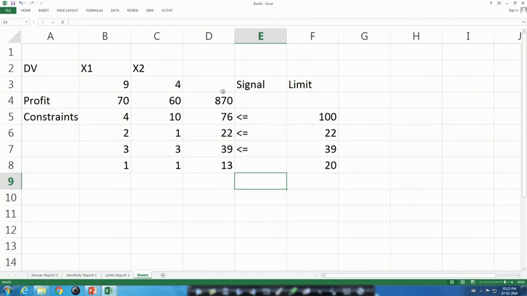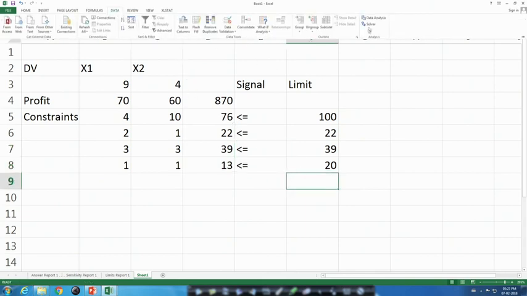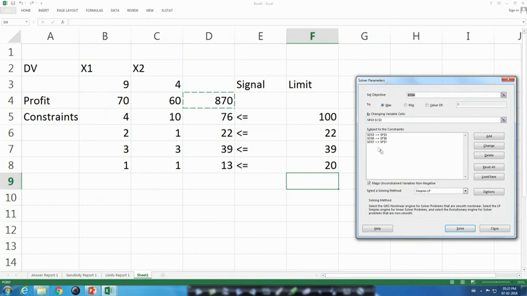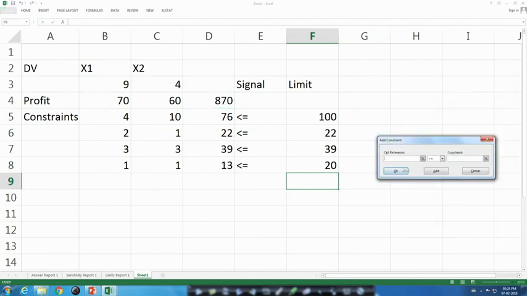So, in this context again you allow that this will also be less than type, and what will you do? You go to the solvers again, and here there are only 3 constants, and then you have to put add on, that is the third constant, that will be here.